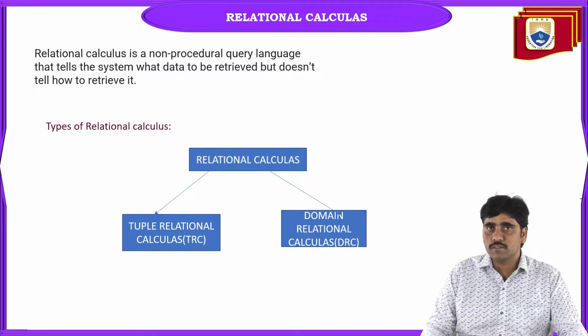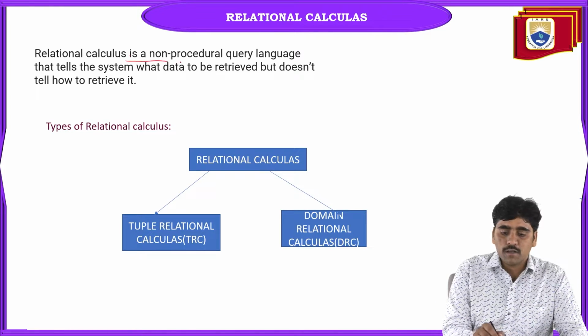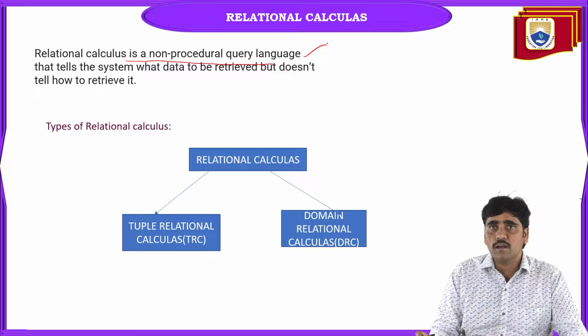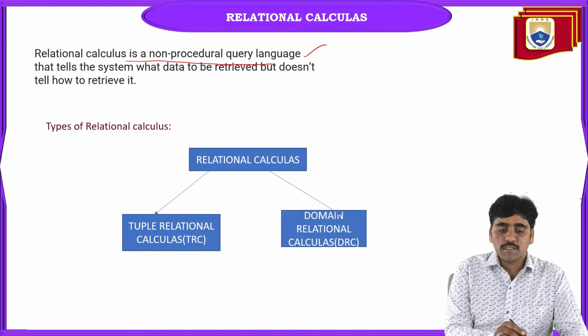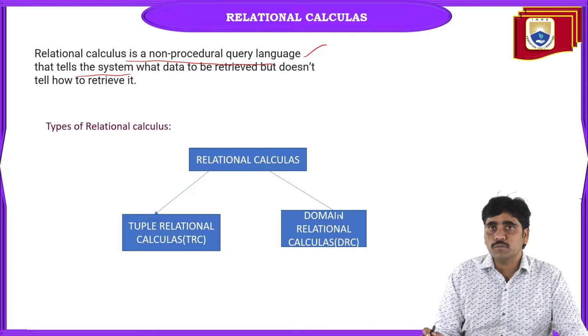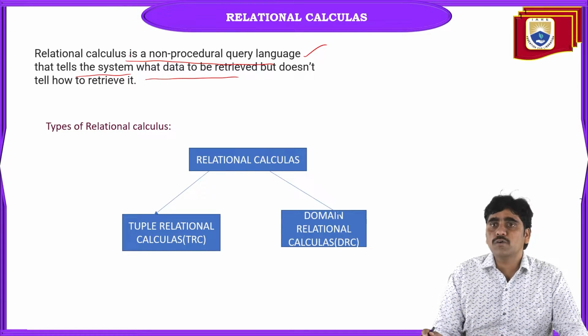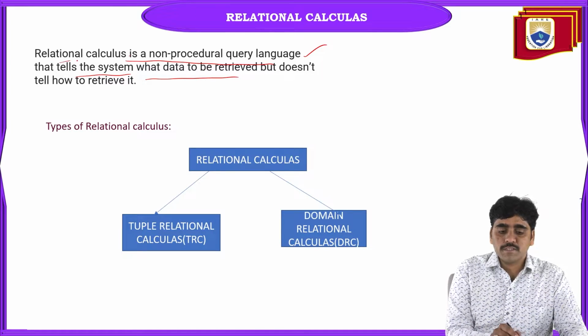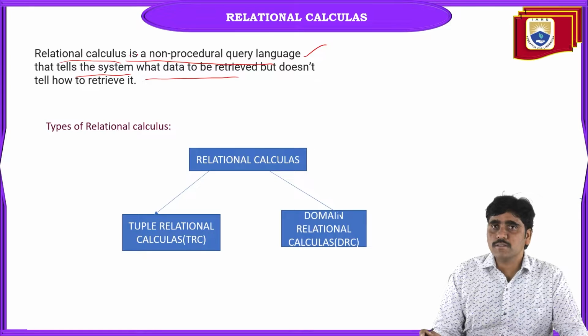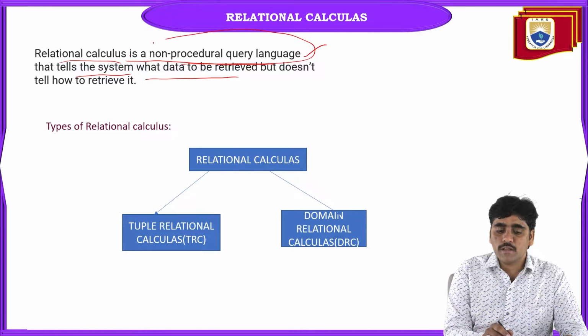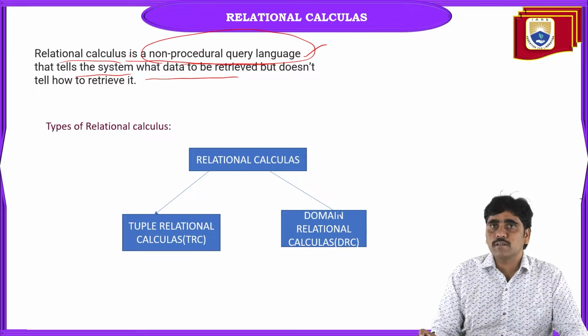Relational calculus is a part of relational algebra and it is a non-procedural query language that tells the system what data is to be retrieved, but it doesn't tell how to retrieve it.